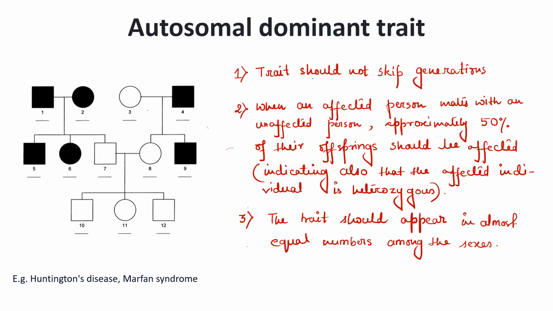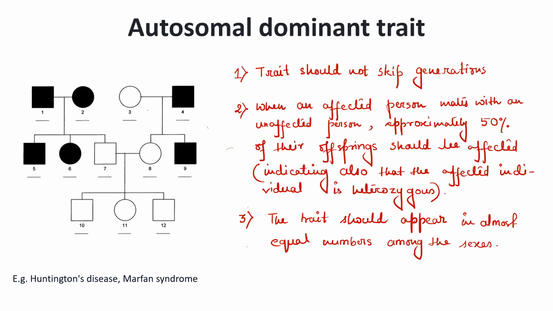That means if the disease is there, it will not skip generations. This means the trait is common in the pedigree and is found in every generation.